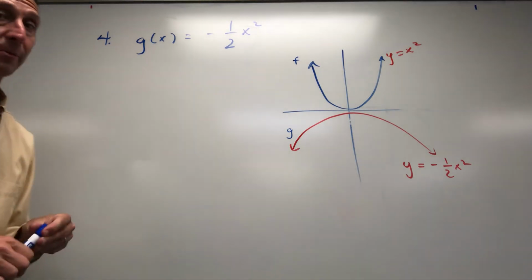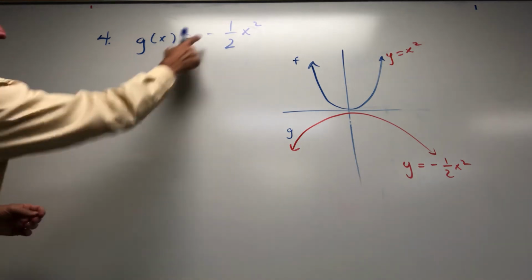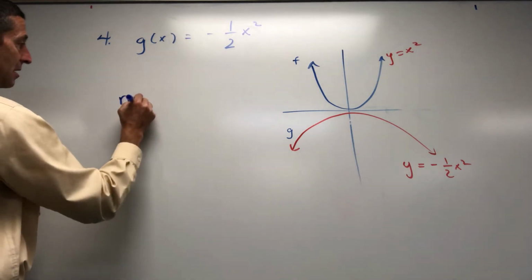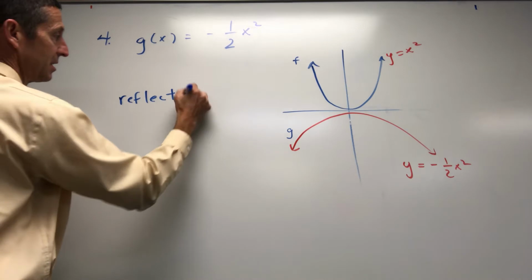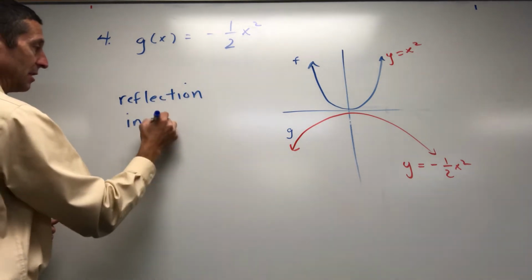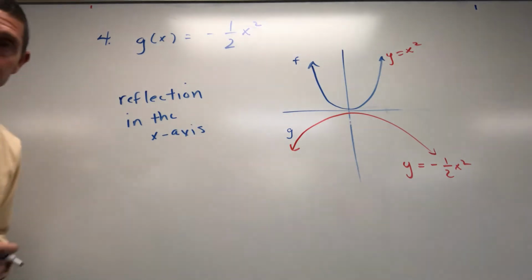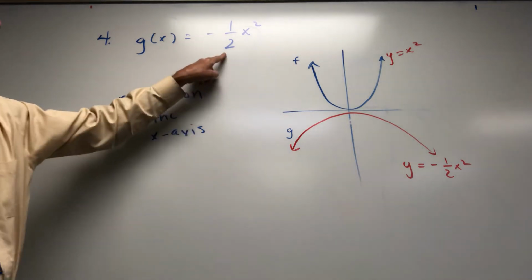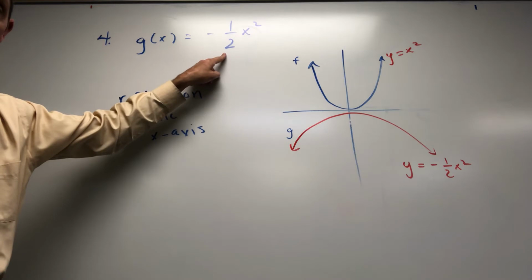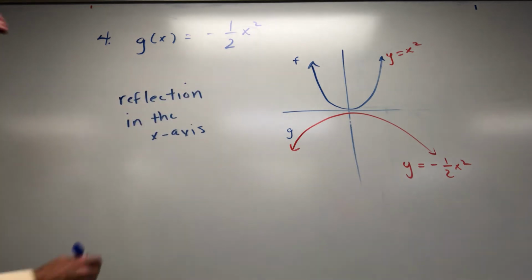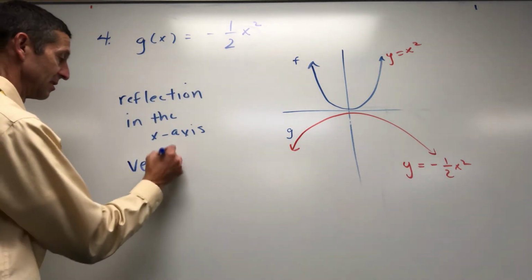All right, let's describe it. We had 2 things that happened here. First, the negative sign hits, so that guarantees it's a reflection in the x-axis. So the negative sign makes it a reflection, and then you've got to decide vertical shrink or vertical stretch. But it's a fraction right there that shrinks it.